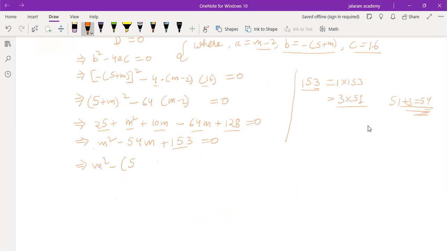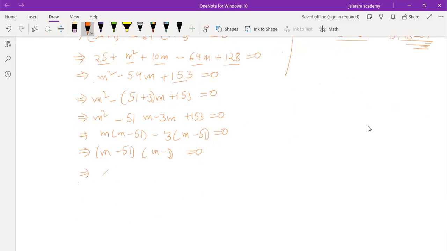First we write m square minus 51 plus 3 into m plus 153 equals 0. Then we open the bracket: m square minus 51m minus 3m plus 153 equals 0. It implies taking m common, m into m minus 51, minus 3 common, m minus 51 equals 0. It implies m minus 51 is common, into m minus 3 equals 0.